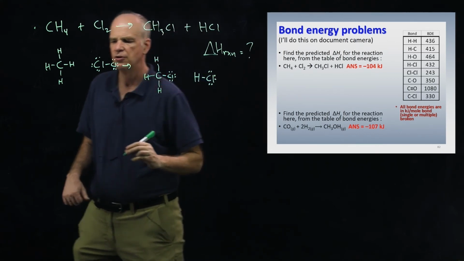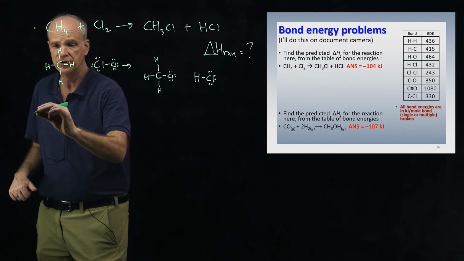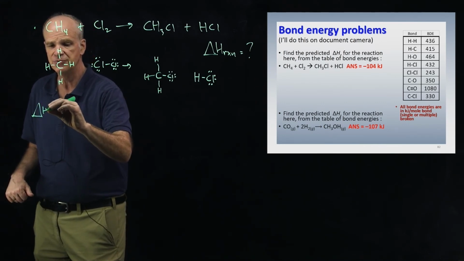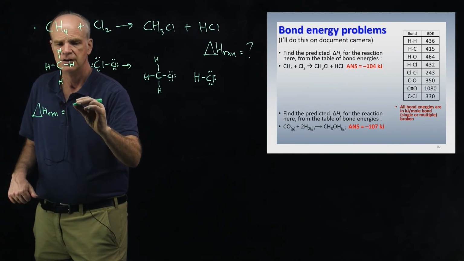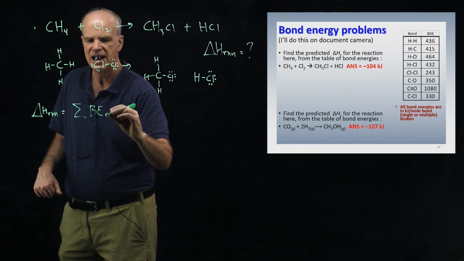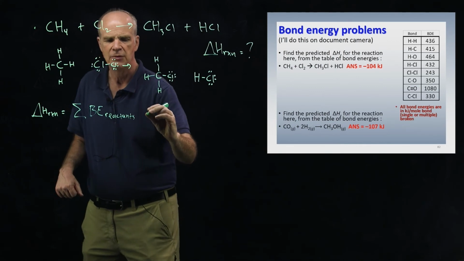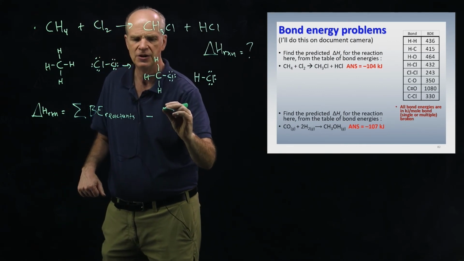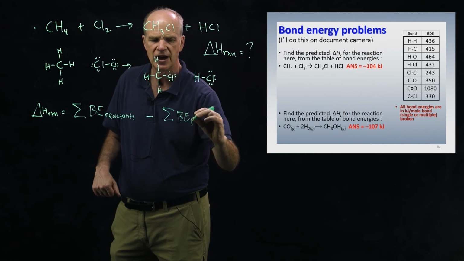Okay, so what we want to do is calculate the enthalpy change of this reaction. So the change of enthalpy for this reaction is going to be the sum of the bond energies of the reactants minus the sum of the bond energies of the products.